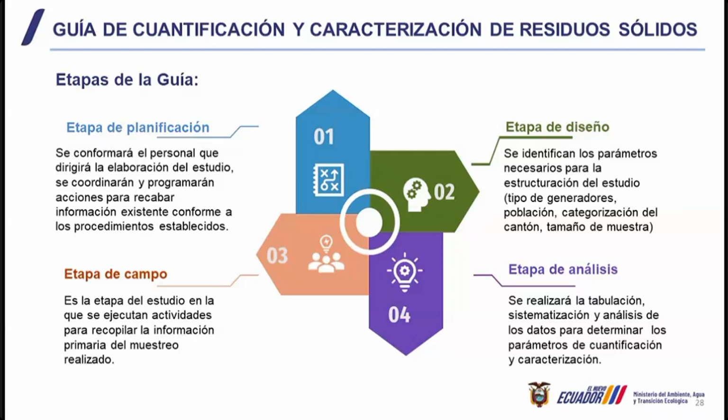Luego tenemos una etapa de colección, procesamiento y validación de información, previa la etapa de campo de recolección de datos, y esto nos permite tener parámetros de la cantidad y las características de residuos sólidos.